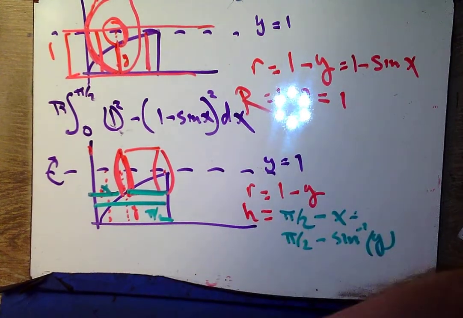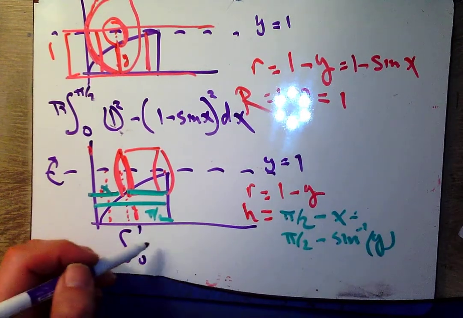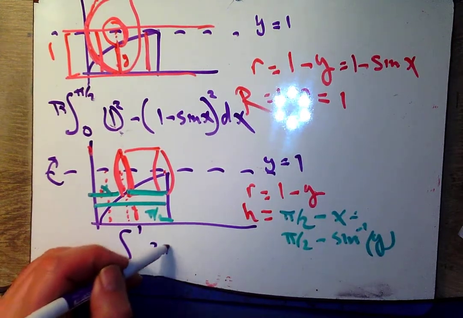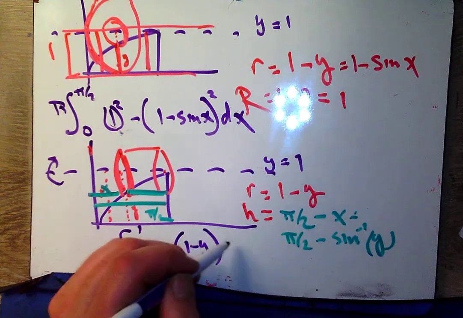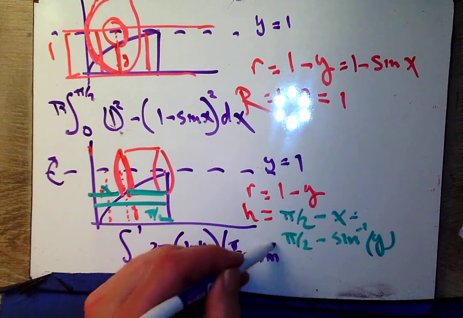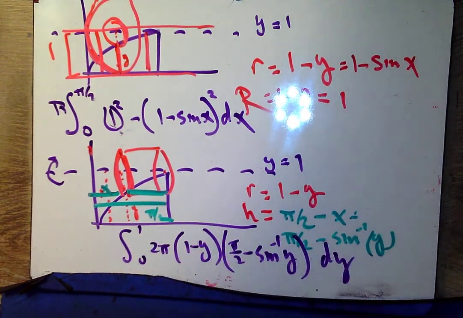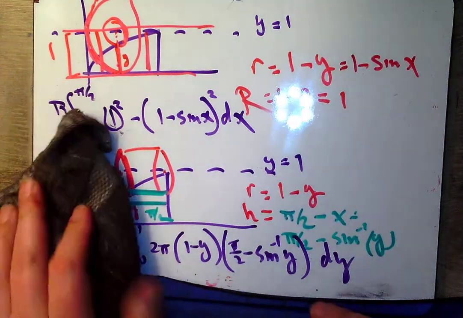So my integral here will be from 0 to 1 of 2 pi times 1 minus y times pi over 2 minus sine inverse of y dy. Ta-da! Okay, and then we're now spinning around 3 pi over 4. Okay, let's see about these.